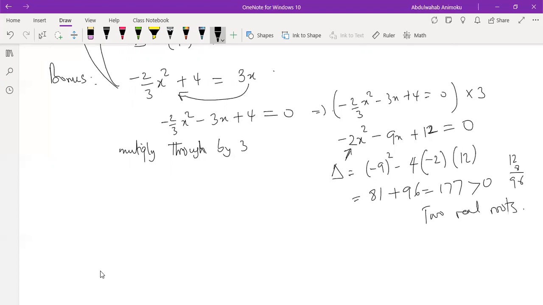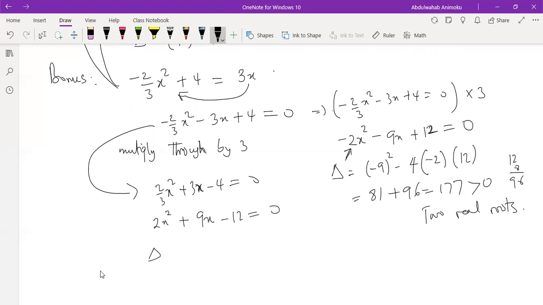So another way to have solved this problem is you move everything to the other side instead of the left-hand side, move everything to the right-hand side, and you have 2 over 3x squared plus 3x minus 4 equal to 0. Do the same thing again, multiply through by 3, and you would have this.